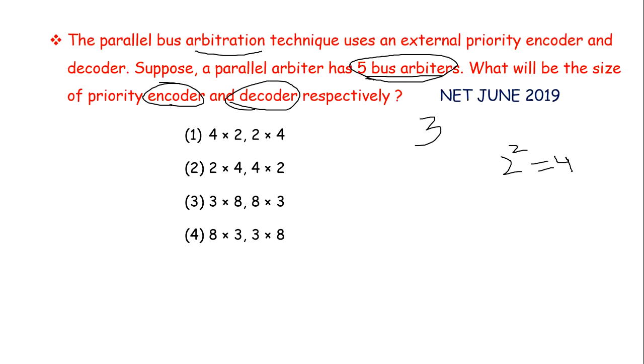But in the given question we have 5 bus arbiters. If we take 3 bits, the number of arbiters that we can provide is 2 raised to the power 3, that is 8. So using 3 bits we can address 8 arbiters. We are given 5 bus arbiters, so they can be easily addressed. So for 5 bus arbiters we will use 3 bits.